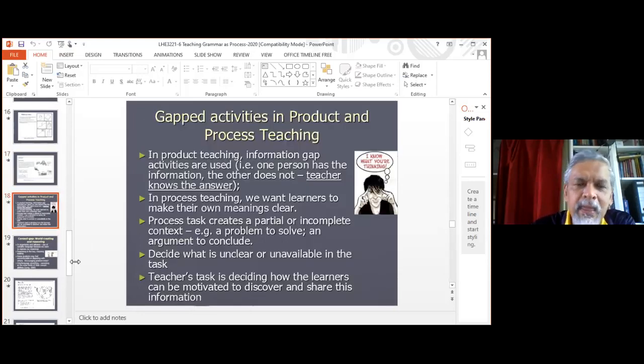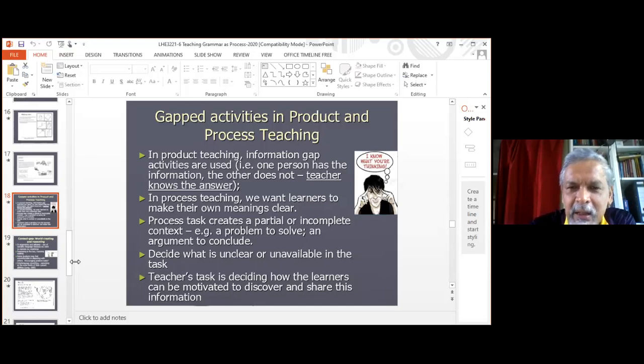There is a difference between gap activities in product and process teaching. In product teaching, information gaps are used also, because information gap activities are really very useful. But with product teaching, in the information gap activity, the teacher knows the answer. One person has some information, his classmate does not, but the teacher knows what the answer is.